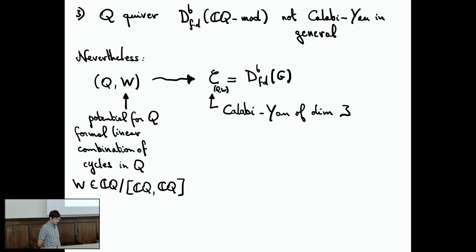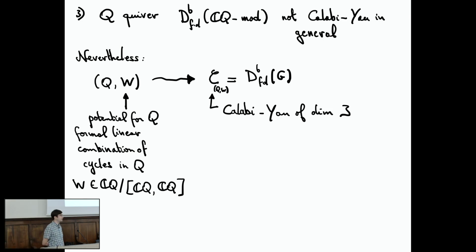Let's assume for simplicity your quiver has no loops or oriented cycles. Then it's easy to check that in the category of quiver representations, there will be Ext^1, but there will be no Ext^2 or higher Ext. So it's a category of homological dimension 1. And so in general, it will not have any Calabi-Yau properties.